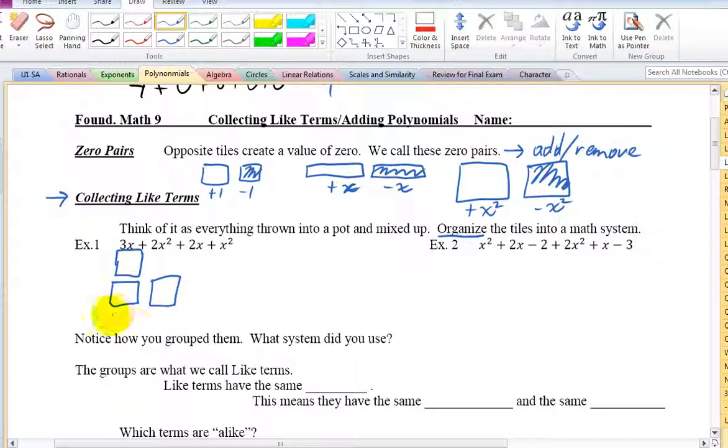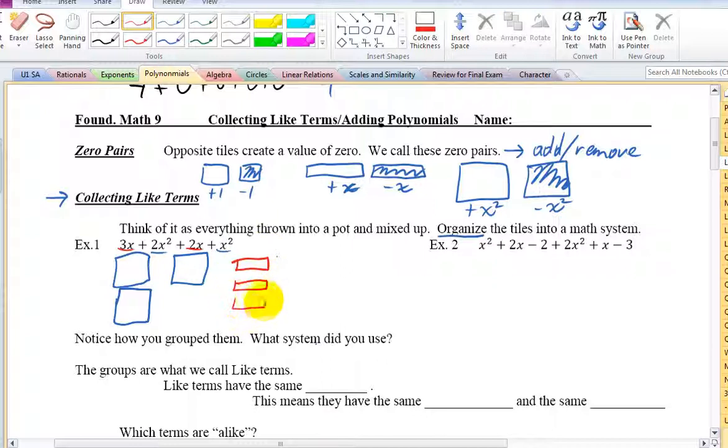So there's 3x. Sorry, I screwed that up. Here is 2x squared. We want to draw our big squares together. So degree 2. And there's another x squared. Okay. Then I'll just use a different color to emphasize the difference as the different shapes. Okay. There's 3x.